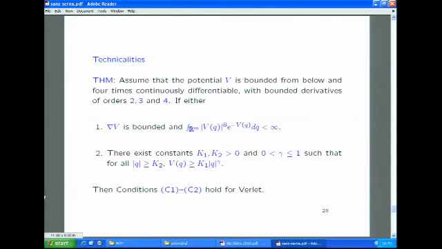And if you are very patient, you can maybe derive similar results for higher order methods, but then you need, of course, more smoothness on V and more technical details, and I don't think those are very important, and in any case, we haven't got them yet.